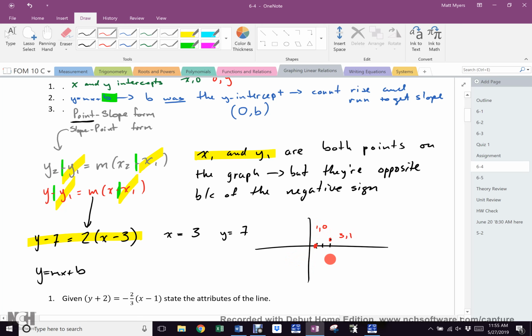What's the slope between that? I went down from 1 to 0, so down 1 and left how far? 3. From 3 to 1? 2.